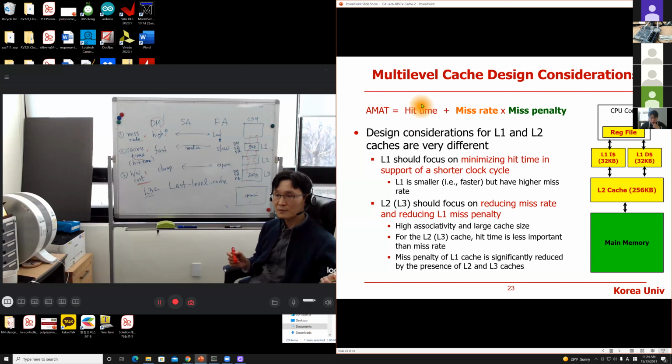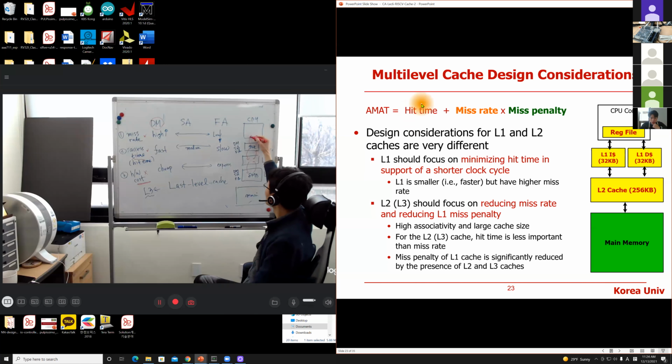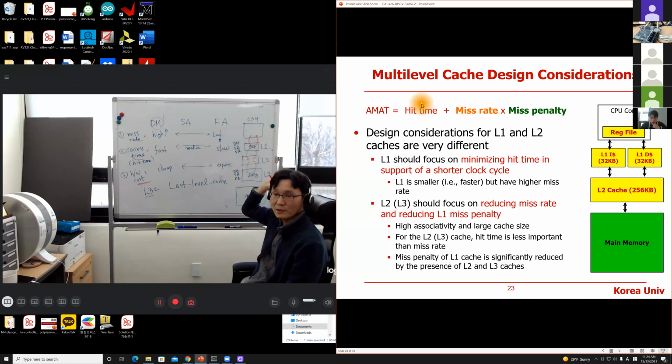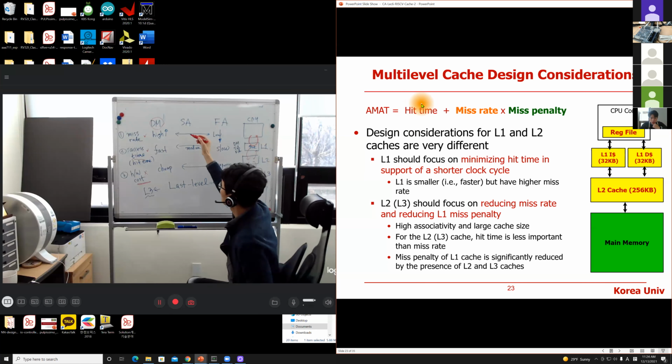You want to serve the CPU fast. You want to supply instructions and data fast. That is the most important factor for level 1 cache. So probably you want to use direct map cache or a low associative cache, set associative with low associativity.